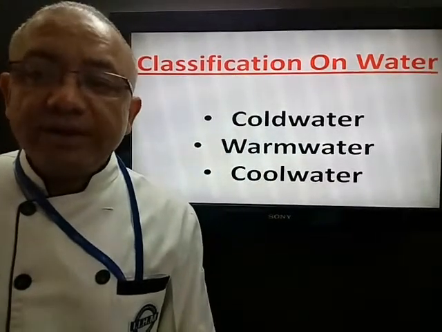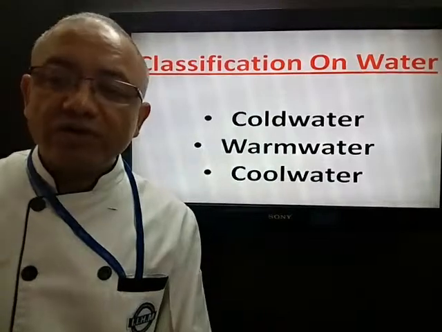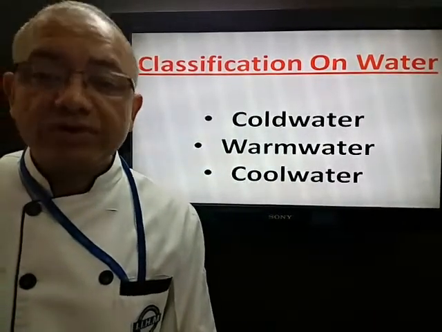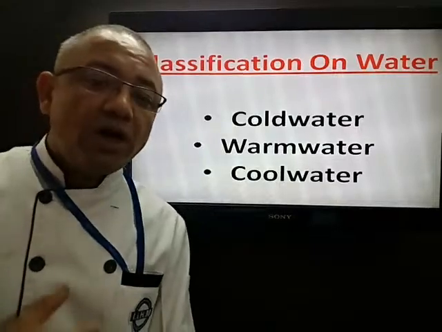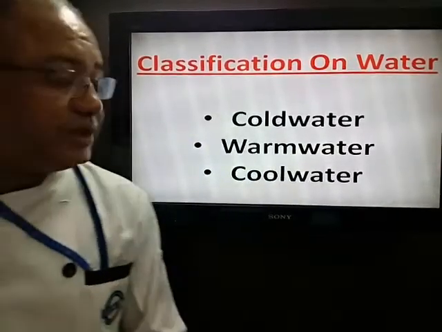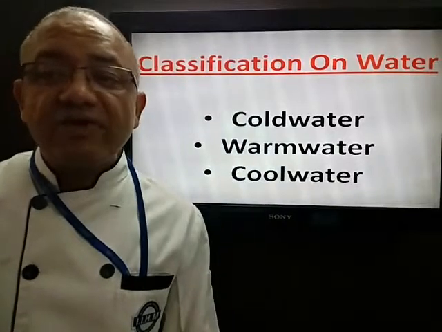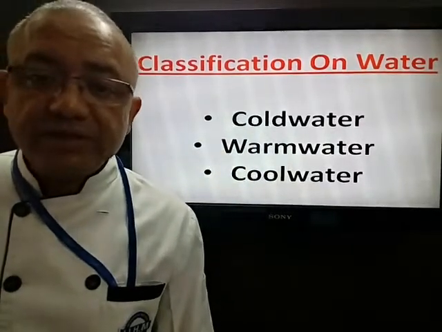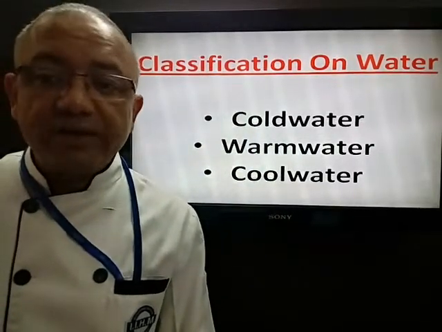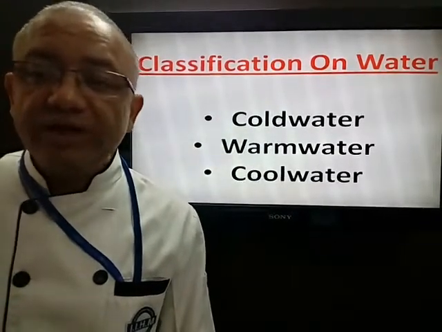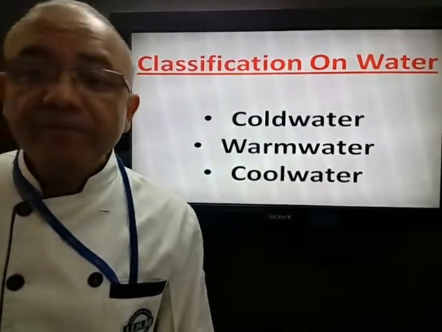The water temperature will affect the amount of oxygen, as cold water contains more oxygen. So the cold water fish under this classification survive in very cold temperatures, preferring a water temperature which can be from 0 degrees to 4 degrees.